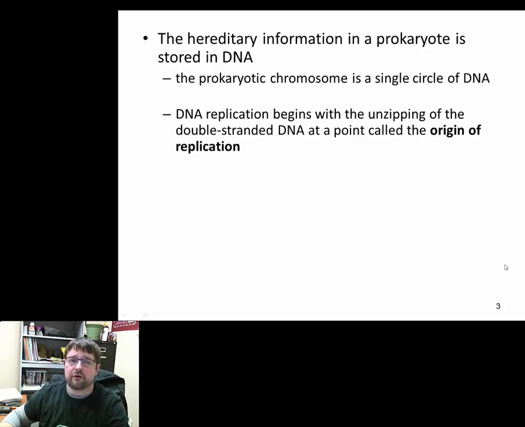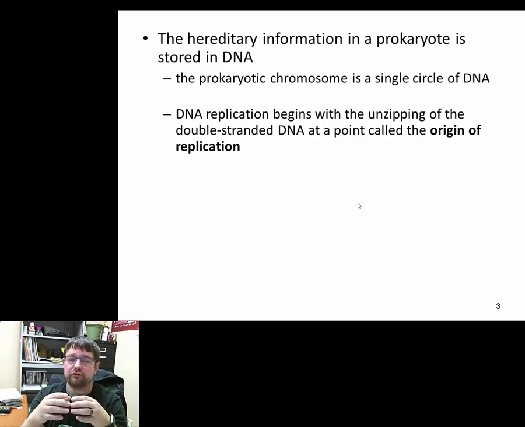So, talking about prokaryotes though, single chromosome, circular. They have a region at which it starts to unravel, unzip. So in other words, the nucleotides that are together, the adenines, thymines, guanines, cytosines, the hydrogen bonds holding them together start to break. And they're broken by an enzyme called helicase.